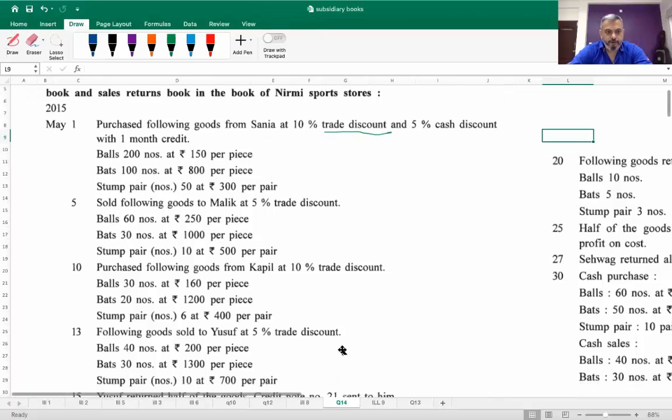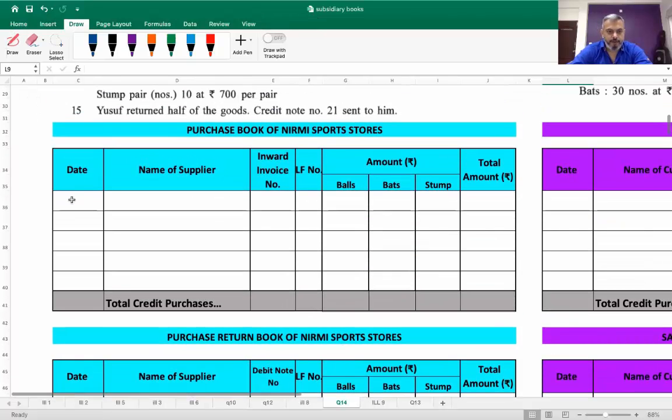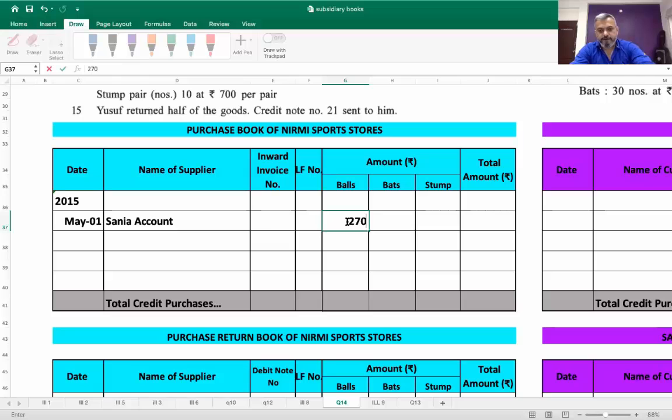Now let's go 2015 May 1. Sanya account, invoice number not given. Balls 150 into 200, 30,000, 10% trade discount, so 27,000.